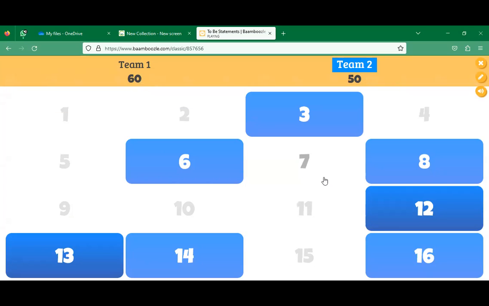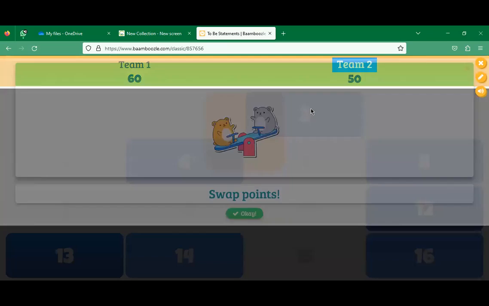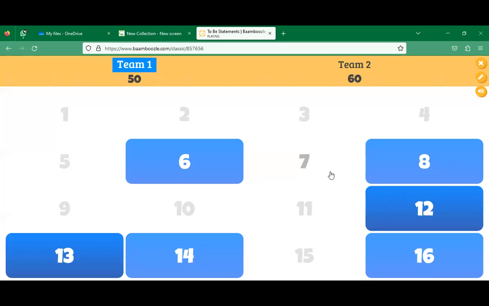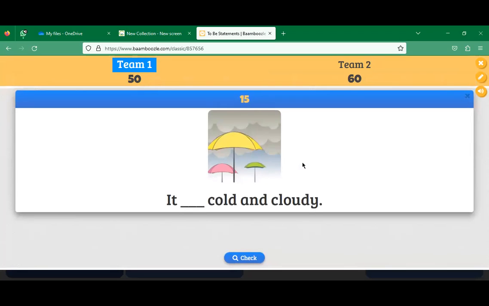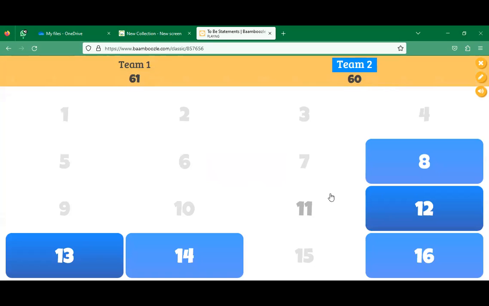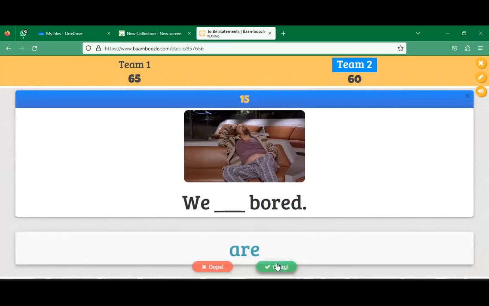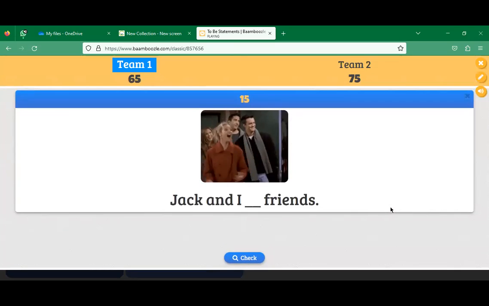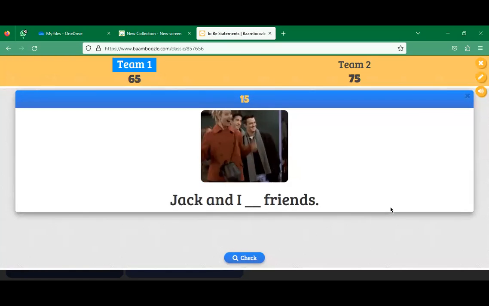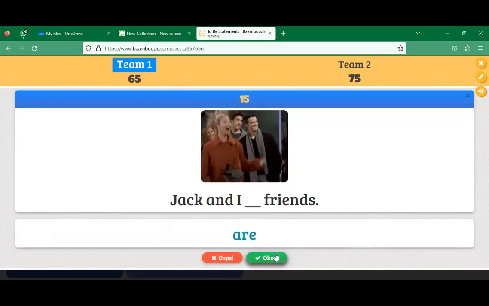Next one. 3. Next one. 6. What about here? Is. Nice. Next. 16. 12. Okay, 16 and then 12. Are. Awesome. And 12. Are, very nice.